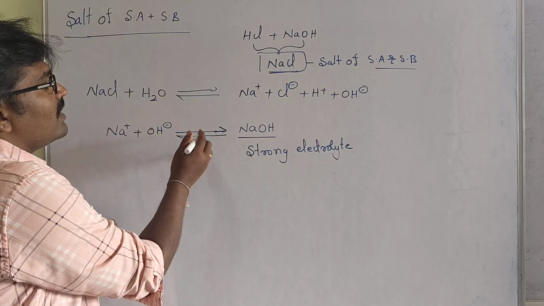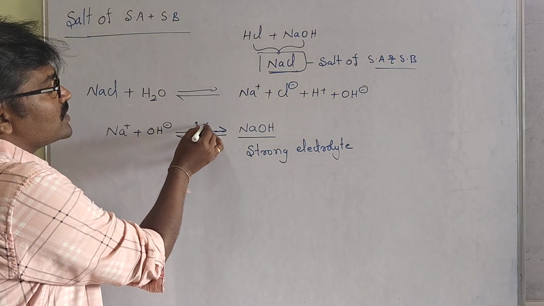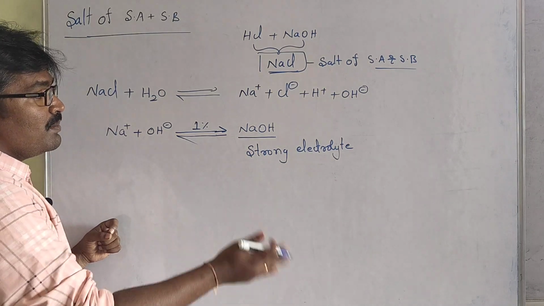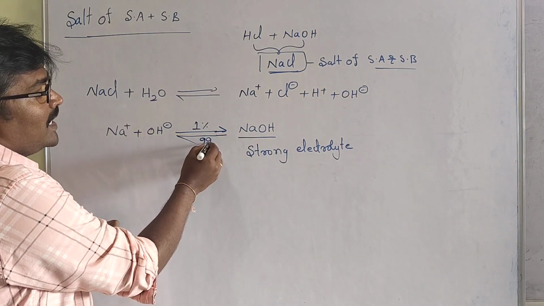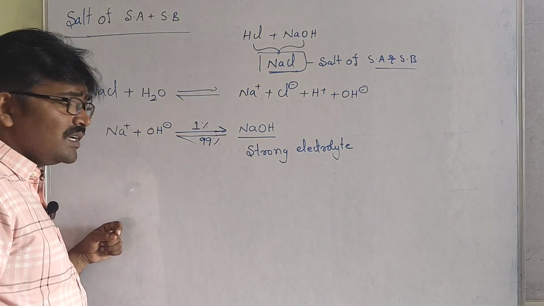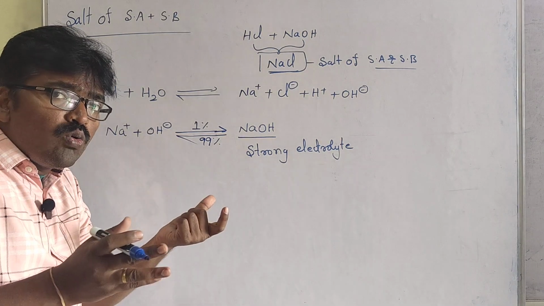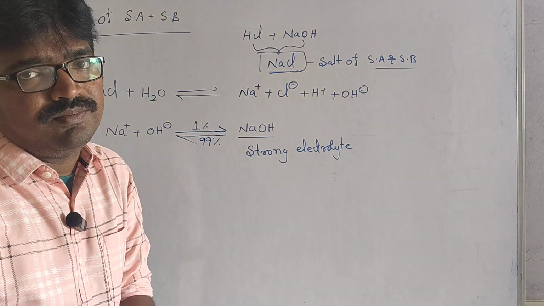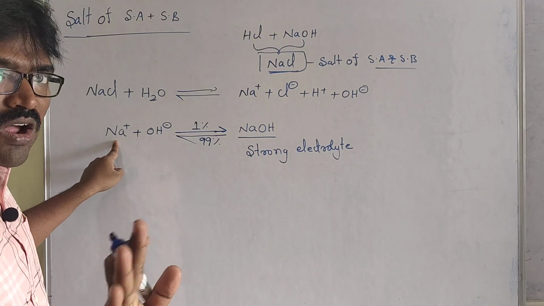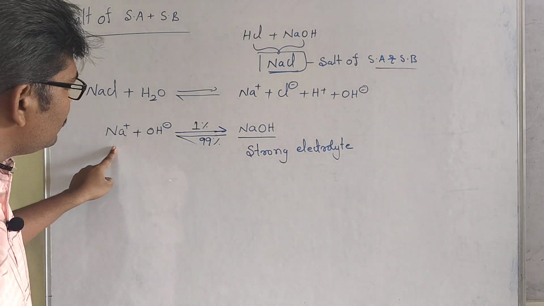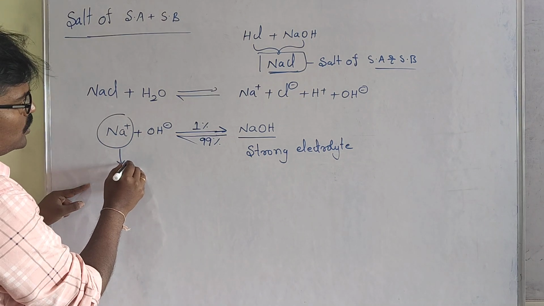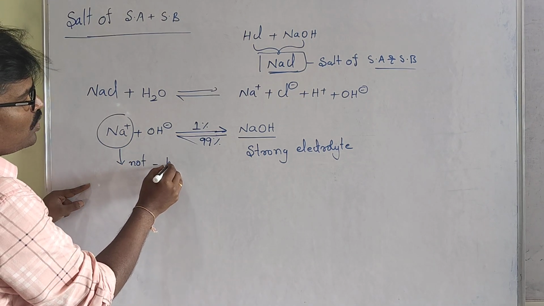Even if 1% moves toward the forward reaction, the backward reaction is 99%. That means these two are not going to combine with each other. That means the Na plus ion is not hydrolyzed.